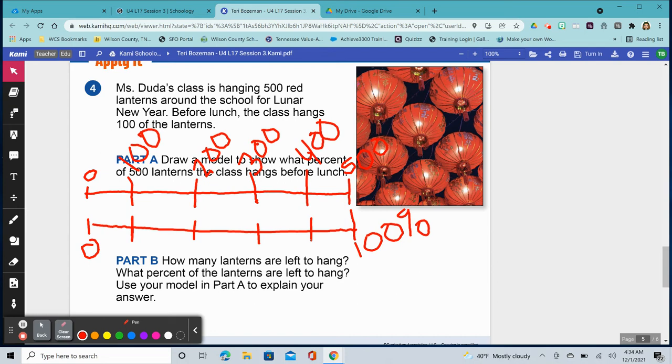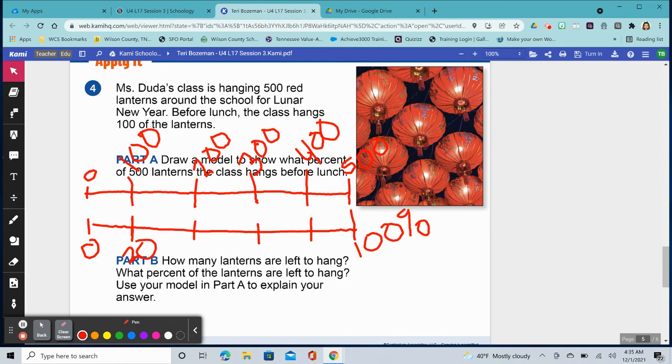So from 0 to 100, we have 5 marks. So 100 divided by 5 is going to be 20. So our percents are going by 20ths. So that would be 20%.